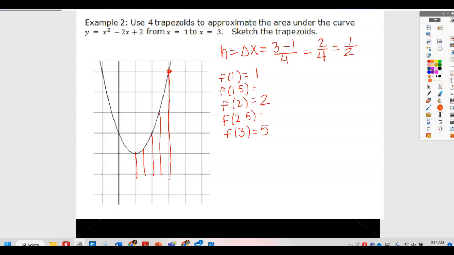Points. Fractions. 3 halves squared is 9 fourths. 9 fourths plus 2. .25 plus 5 fourths.